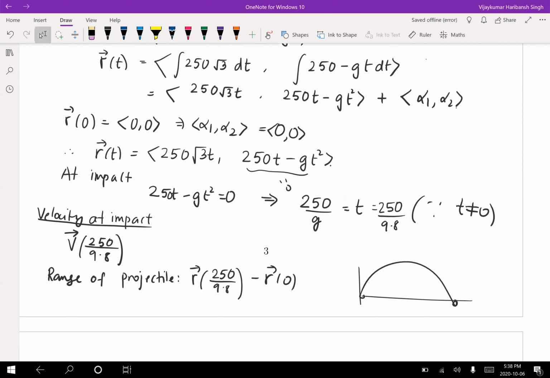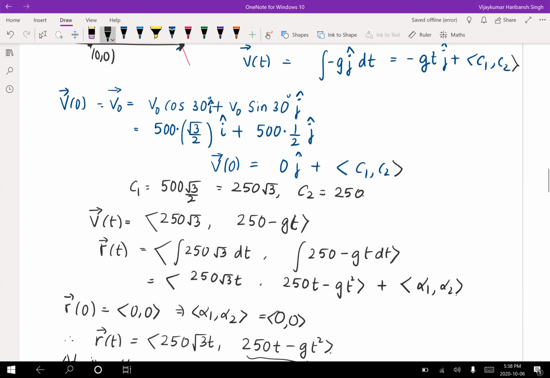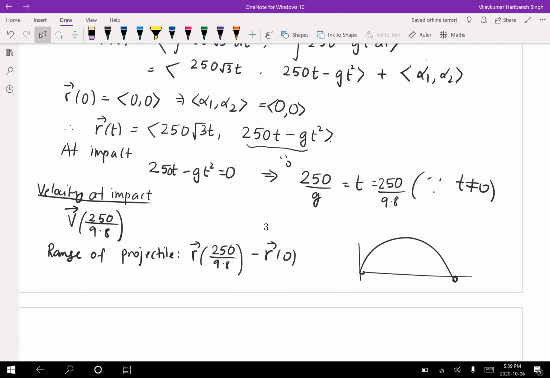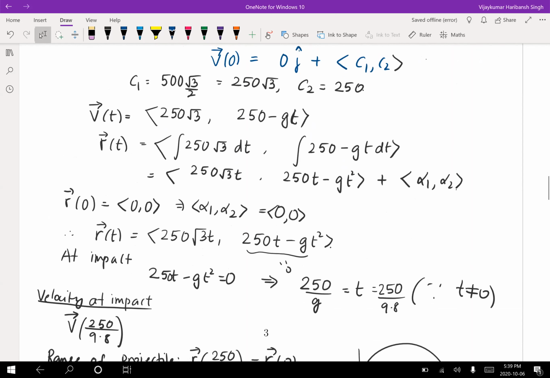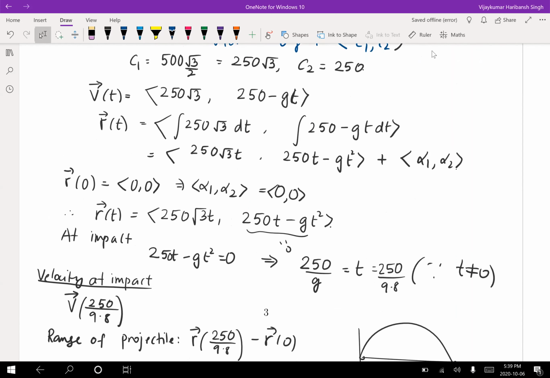For that, we have to take the derivative of this y variable to see when is the maximum height, or when is the velocity 0, either one of them. Velocity becomes 0 at that point temporarily.